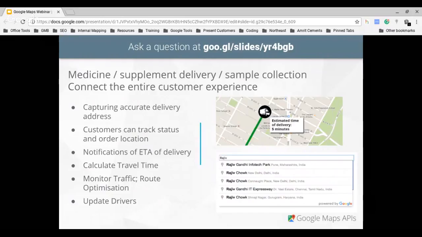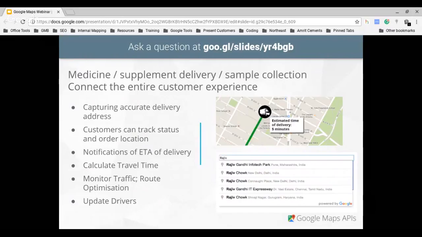Number one, it increases the ratio of people who add things to the cart and then check out, right? So it increases this particular metric. And we also have an accurate location listed on Google Maps to locate them at the time of the delivery, right? So capturing accurate delivery address is of prime importance.